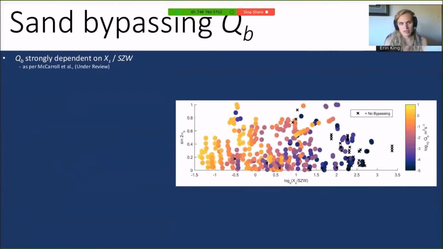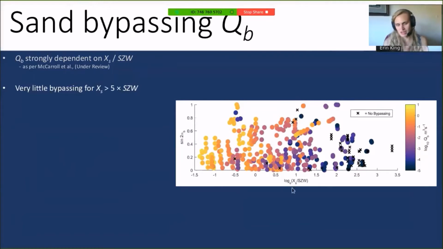Bypassing rates, QB, were strongly dependent on the ratio between the headland cross-shore extent and the surf zone width. So how far does the headland extend offshore relative to the width of the surf zone? On this plot here, the colors are the bypass rate.